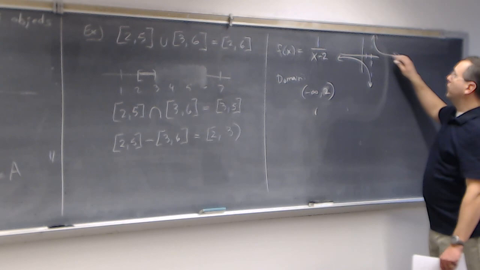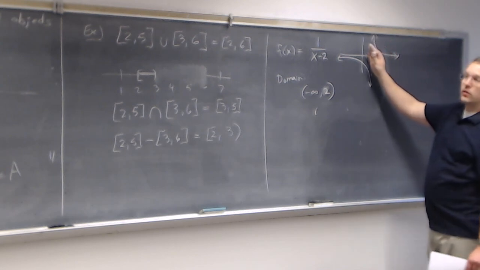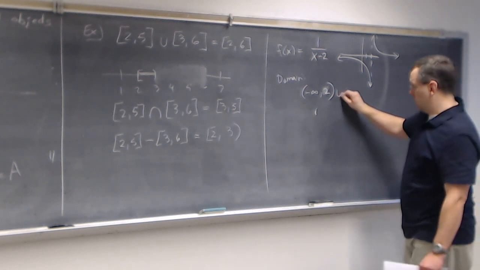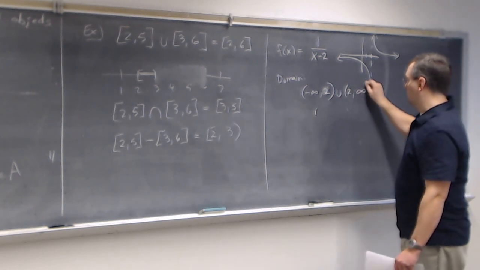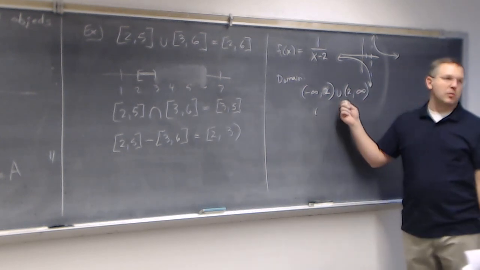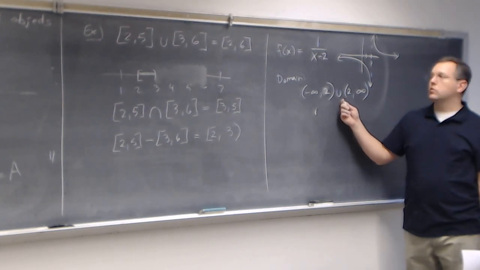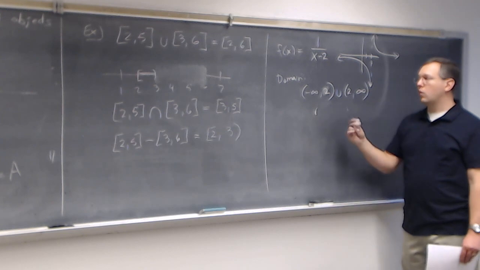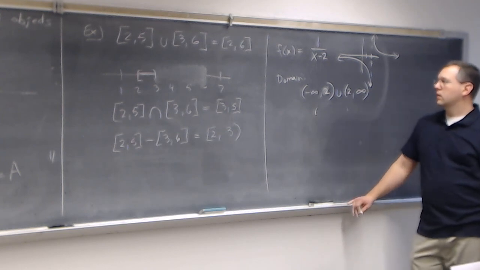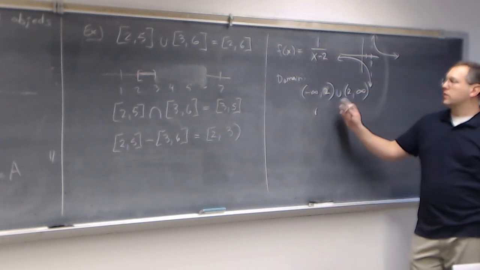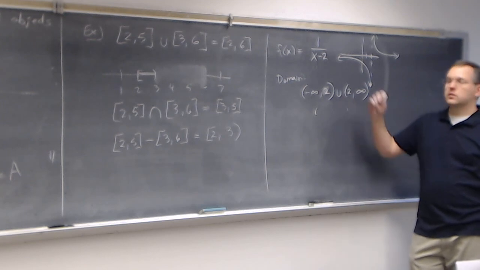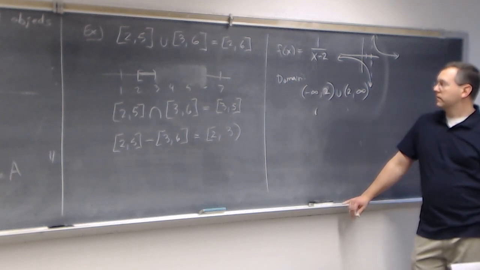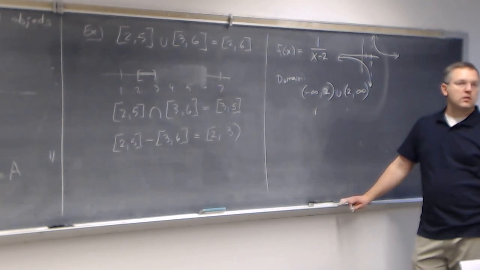But then these points start right after 2 and go all the way to the right to infinity. So this is how you've probably seen the union symbol before: the union of two intervals. It might be a domain problem or a solution to an inequality. Most of the time, you can get through calculus just seeing the union symbol. Okay. Any questions about that?